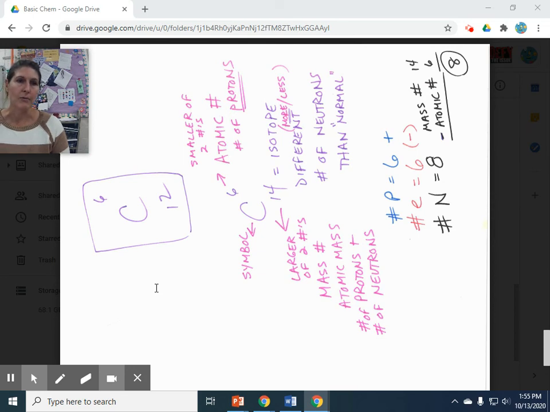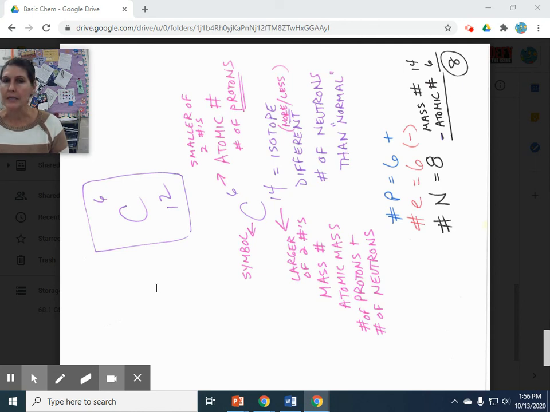The C in the middle represents the symbol. We usually have the word there too and tell you what that represents. The example below it, you're going to see carbon-14. That is if I was creating an isotope. So what's happening there? My atomic number is still 6. I still have 6 protons. You cannot change that. If I change that, I'm changing my element now. The bottom number, the 14, has been changed.